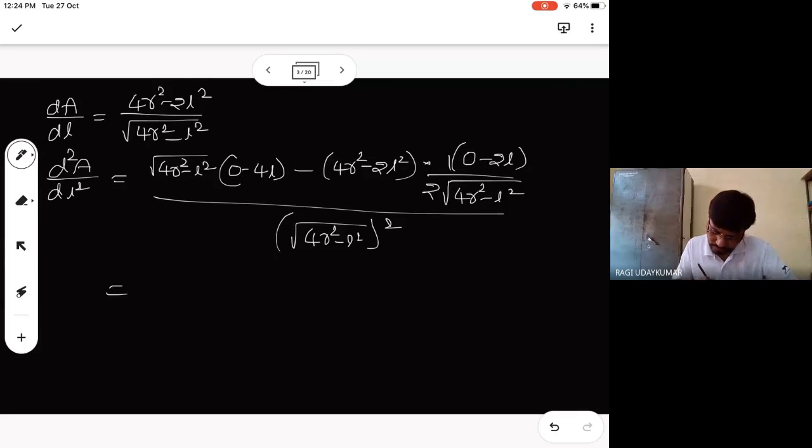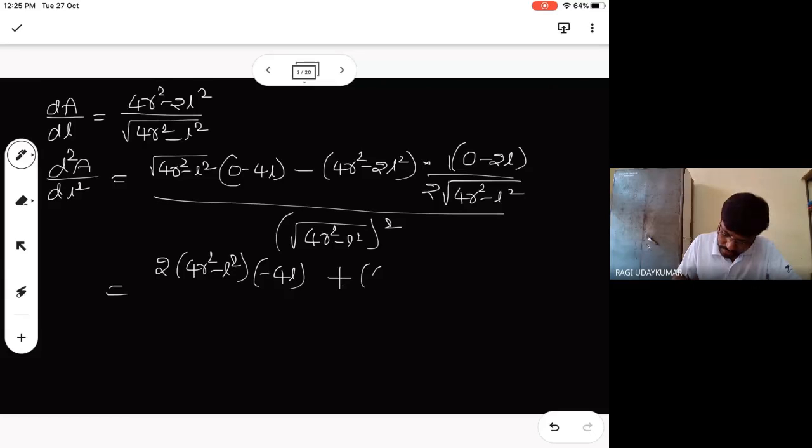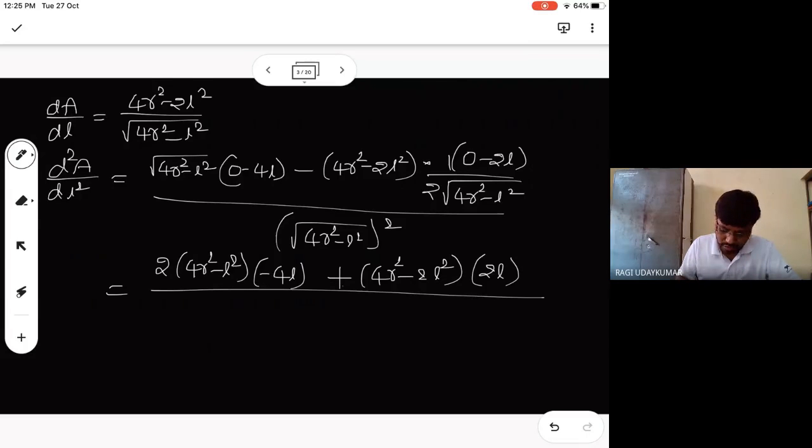Minus 2 into 4R square minus L square into minus 4L, minus and minus becoming plus, 4R square minus 2L square into 2L, divided by 2 into under root of 4R square minus L square into 4R square minus L square.